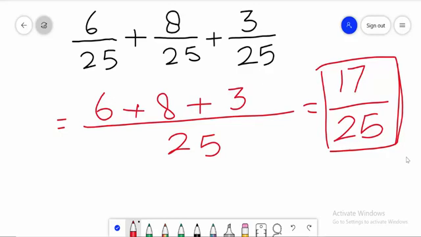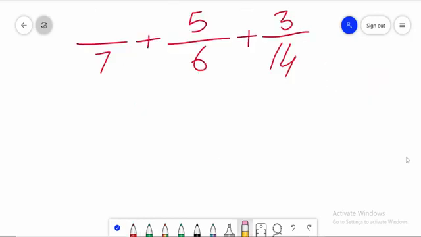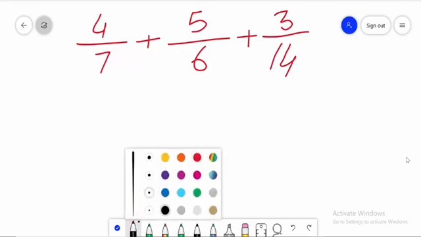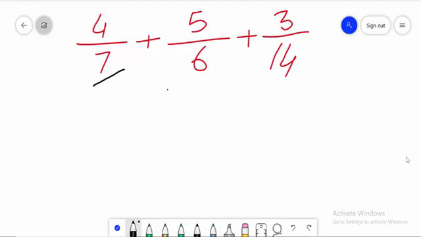Now move to a little bit more complex question. Here on screen you can see the new fraction: 4 over 7 plus 5 over 6 plus 3 over 14. First of all, you can see the denominators are different: 7, 6 and 14. We need to find the LCM of these three denominators.